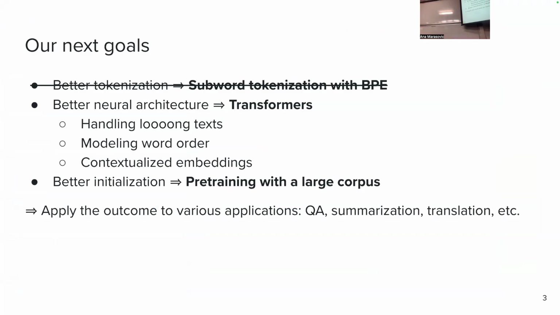Remember that last time I gave you a little preview of what's coming next in the course, and the first thing I said is we are going to stop doing the whitespace tokenizer and learn a better way of tokenization. Great, that's done. And now we need to go into our other issues: our word order is completely ignored with previous neural networks.